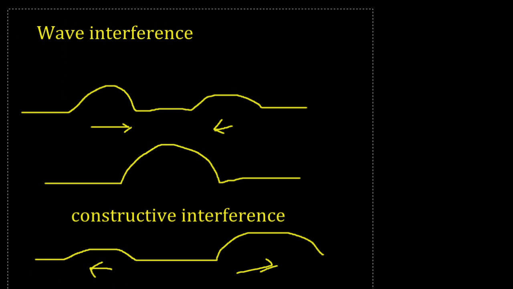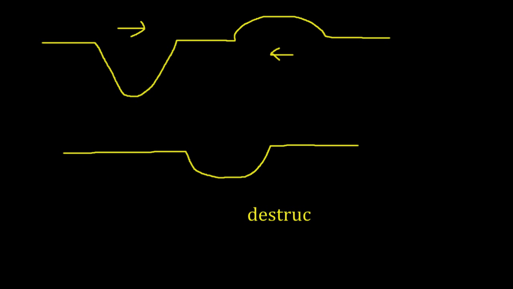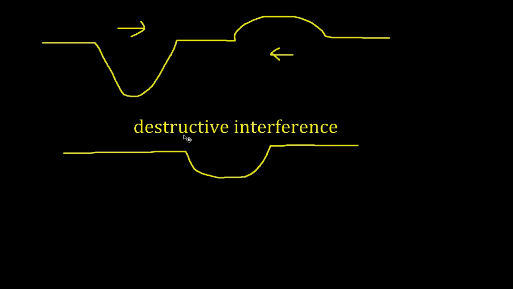A similar thing happens when one's up and one's down. So if we've got a situation where we have a wave down like this, and another one up like this, and they're moving towards each other just like we talked about, when they get together, we're going to end up with a much less severe wave down, because here they actually subtract, and this is called destructive interference, where they actually cancel each other out partially.